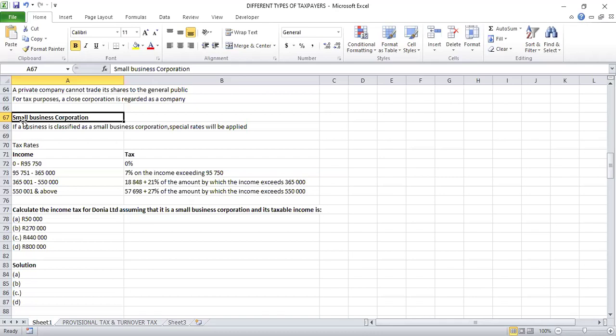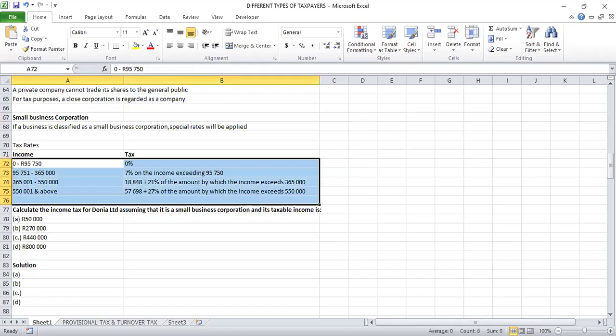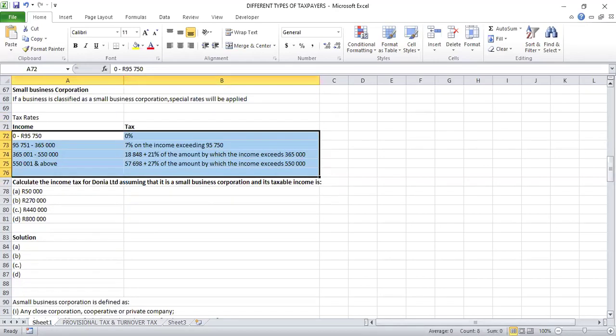It's a relief to the smaller companies to reduce the tax burden on them. So only for those businesses that qualify as a small business corporation, we're going to look at them. We said normally a company is 27%, but if a company qualifies as a small business corporation, these will be the tables. There will be a sliding scale.